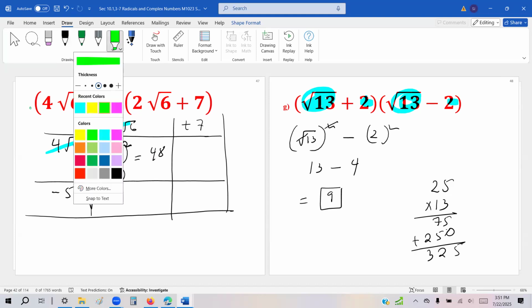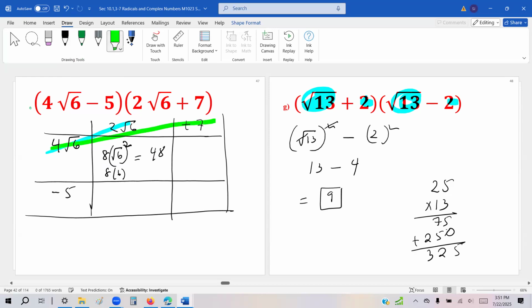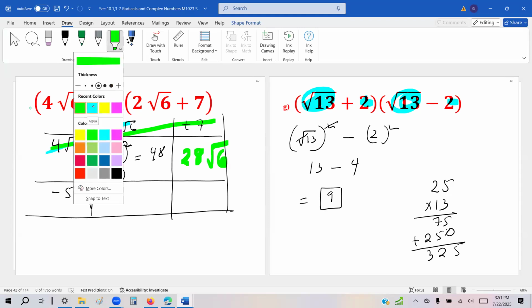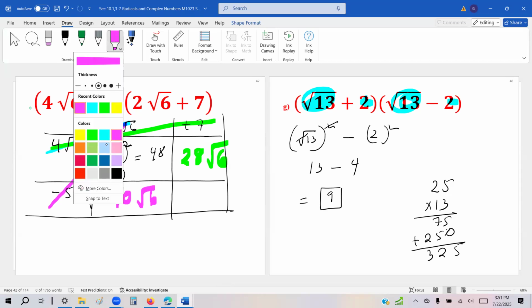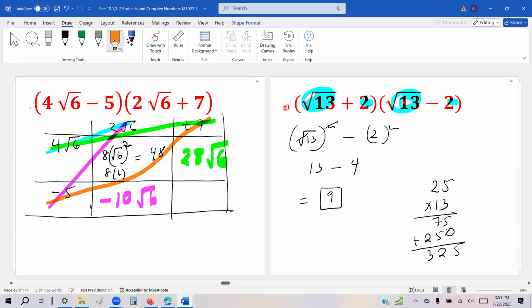Then you multiply this: 4 times 7 is 28, so you get 28 root 6. This color, and I already did this purple. You do this, 5 times 2, negative 10 root 6. And lastly, green, and I already did green. Orange: this with that, so you get negative 35.